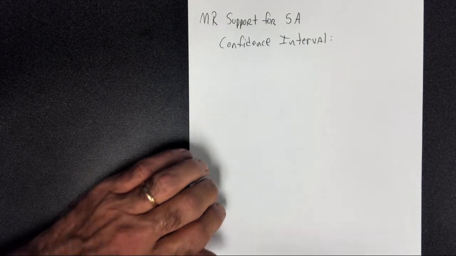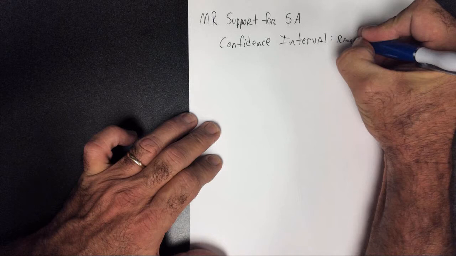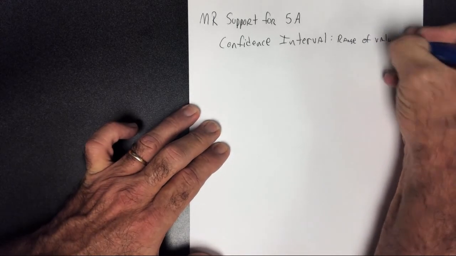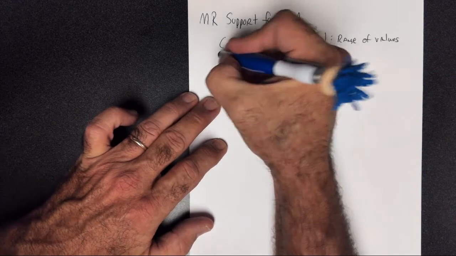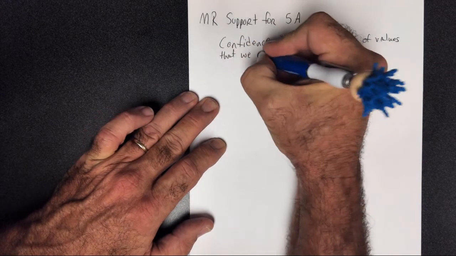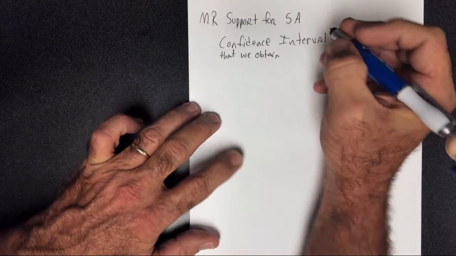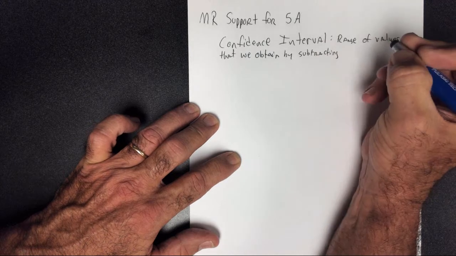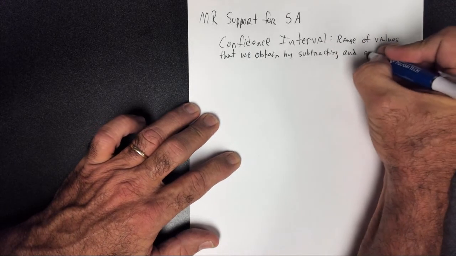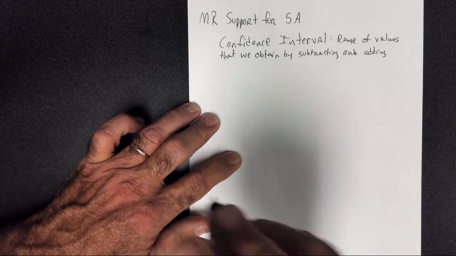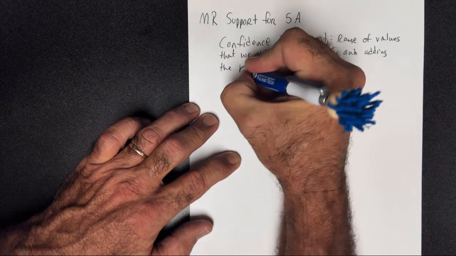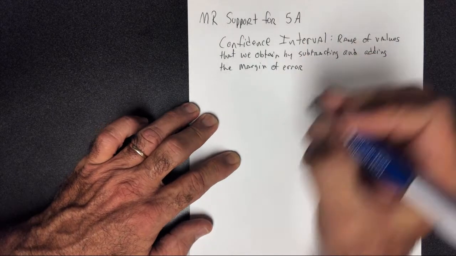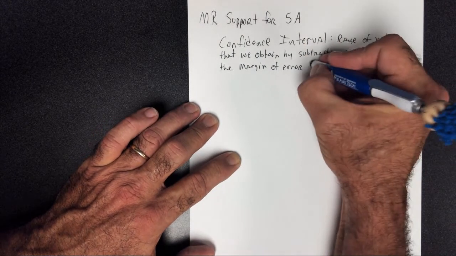So a confidence interval is a range of values that we obtain by subtracting and adding the margin of error to the sample statistic.